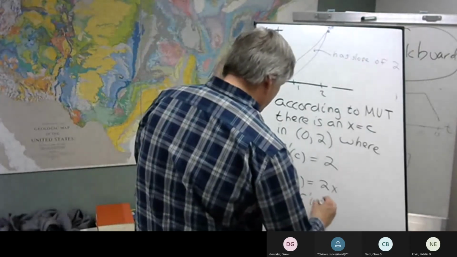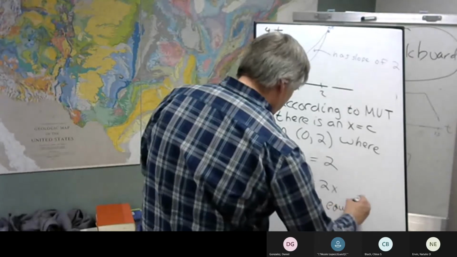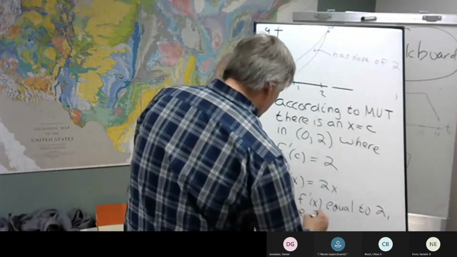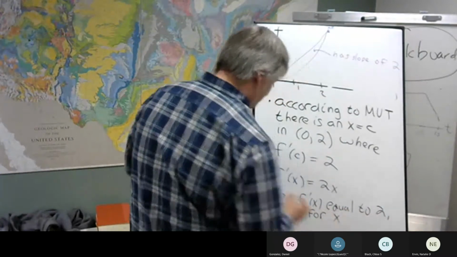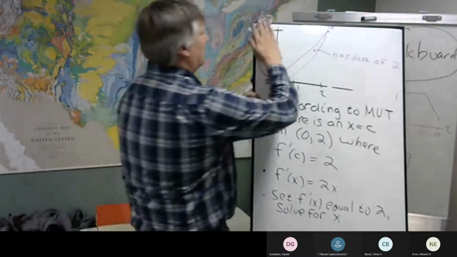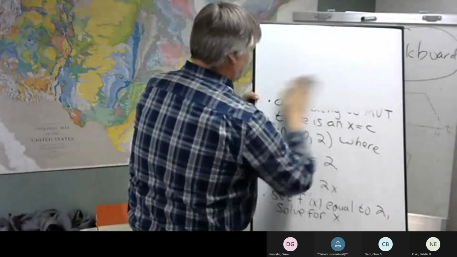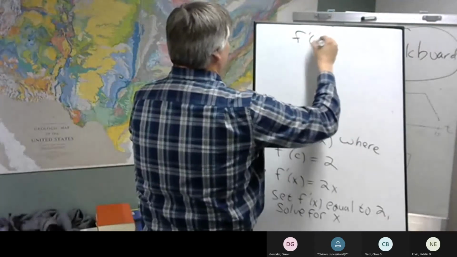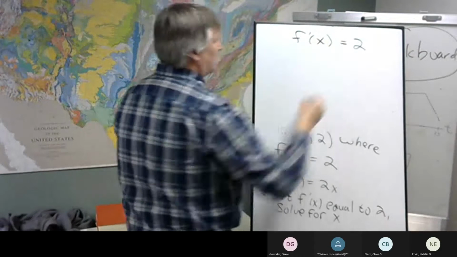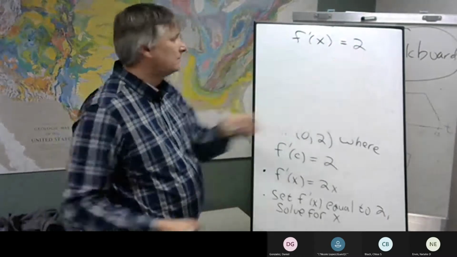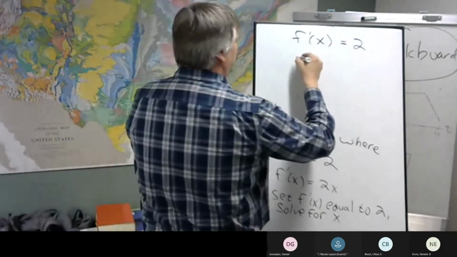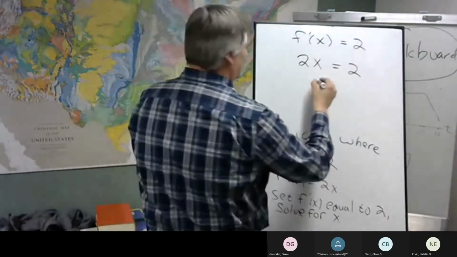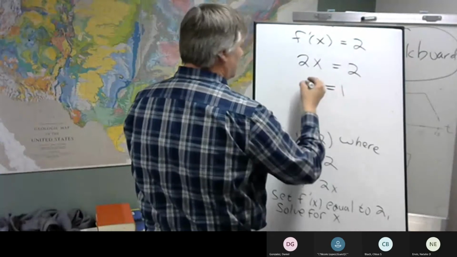Set f prime of x equal to 2 and solve for x. So this is the slope that we just found. We computed f prime of x, that's 2x. So this tells us x is equal to 1.